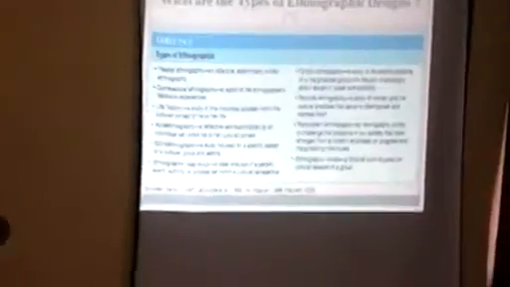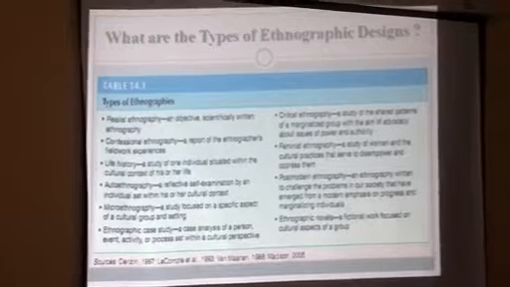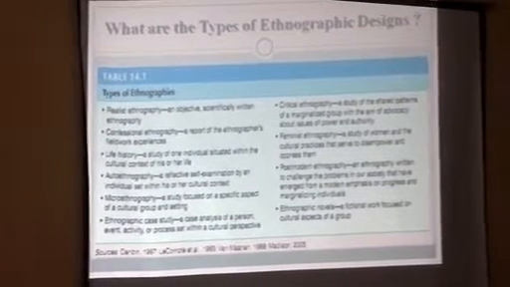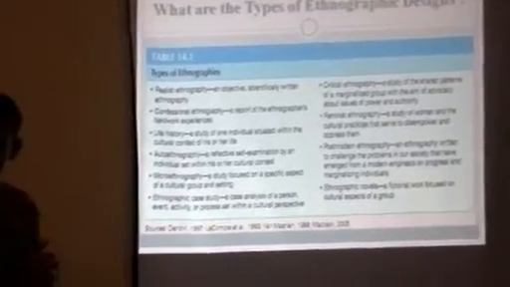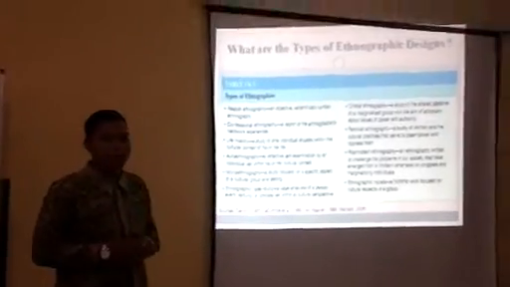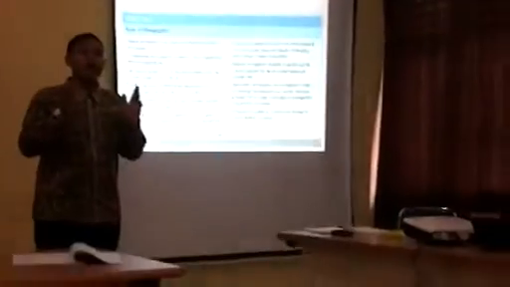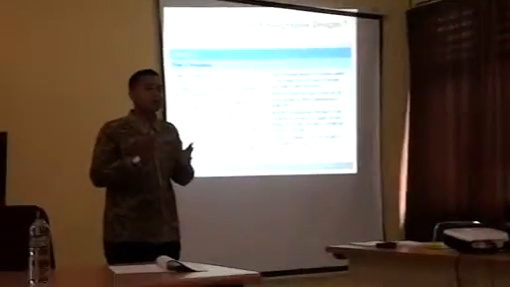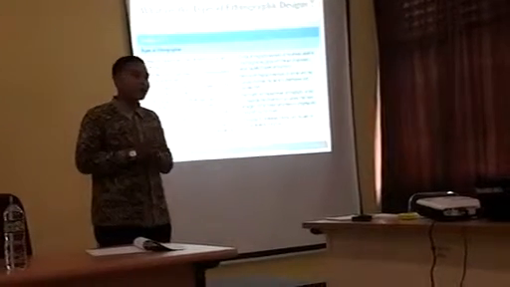Okay, what are the types of ethnographic design? You can see on the PPT, there are several types of ethnographic design. The first one is realist ethnography. It means an objective, scientifically written ethnography.